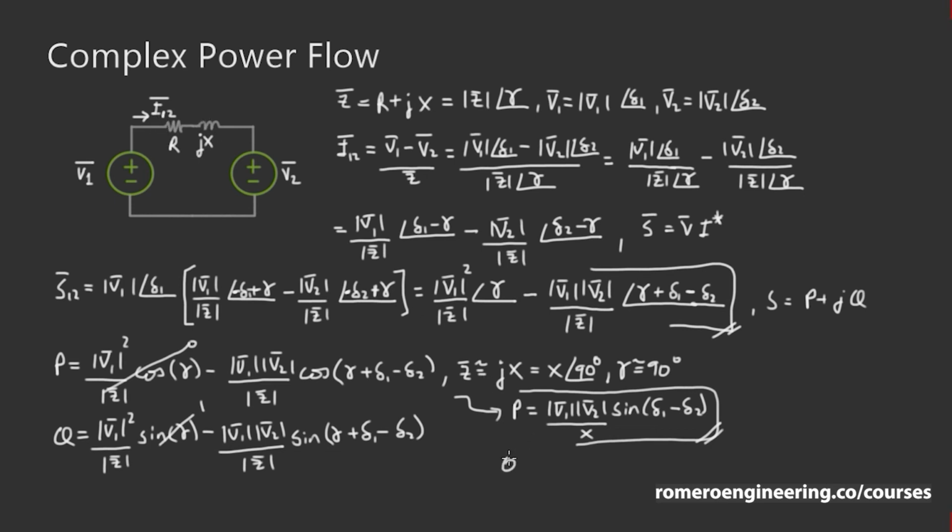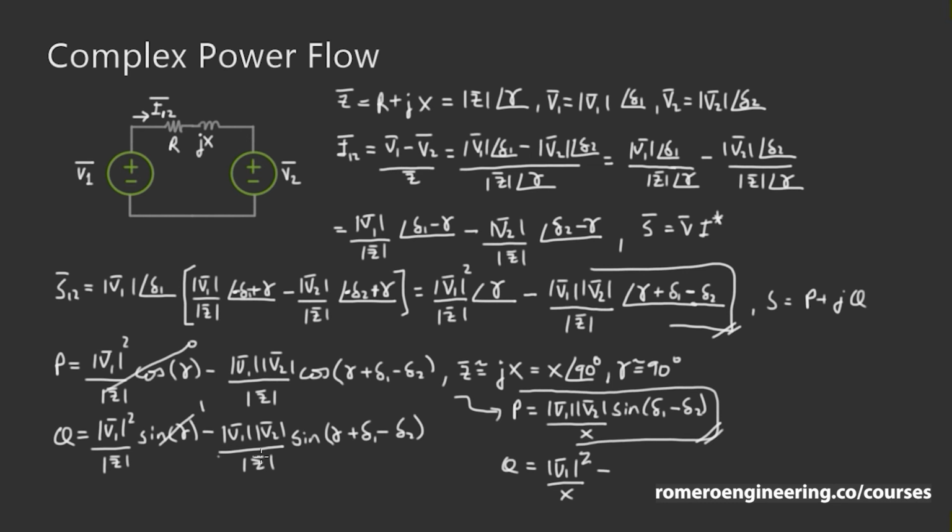Now for the reactive power Q, we can do something similar. We see here that sine of 90 degrees equals 1. So we're going to get this term by itself. So I'm going to get absolute value of V1 squared over x, because again, remember that I'm saying that Z is basically just x minus this term over here. And so I can do something similar here as to what we did for the real power.